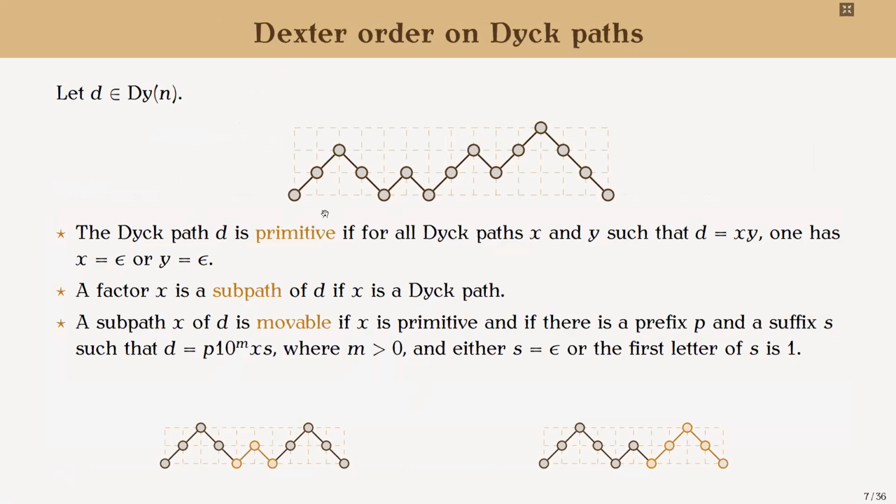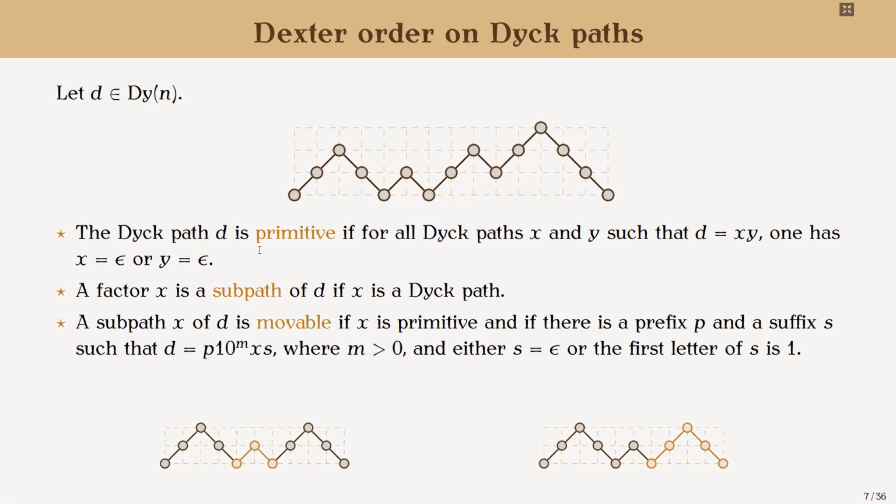This is a path in a positive quarter plane where we have to start at the origin here, and we want to have the same number of up steps and down steps. So we always end here. We start here, we end here. So I need to give more vocabulary about Dyck paths.